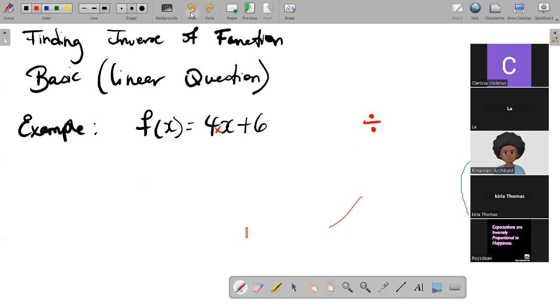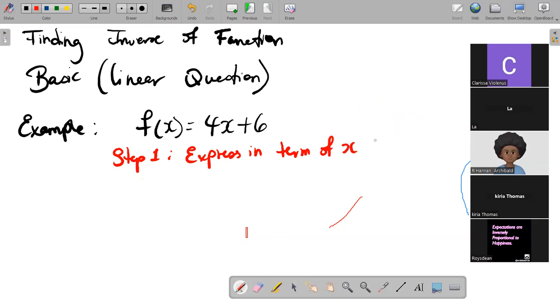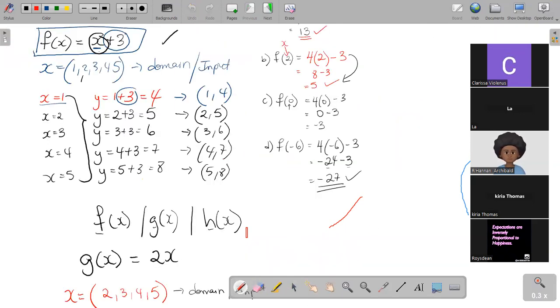So let's go through it. Step 1. These are the steps I'm going to write out, and I think you all need to copy down this example. Step 1: express in terms of x and y. What do I mean? We know from the beginning, let's go all the way back, what does f of x stand for?